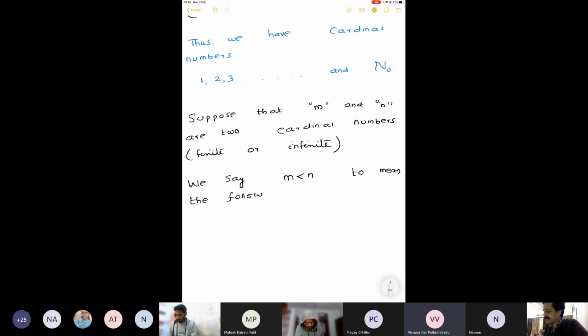We say m is less than n to mean the following. What is the meaning of the notation m less than n? Remember, m and n are cardinalities of two sets.